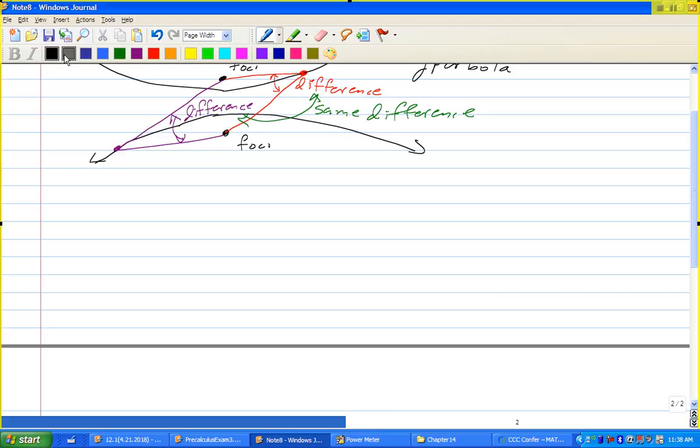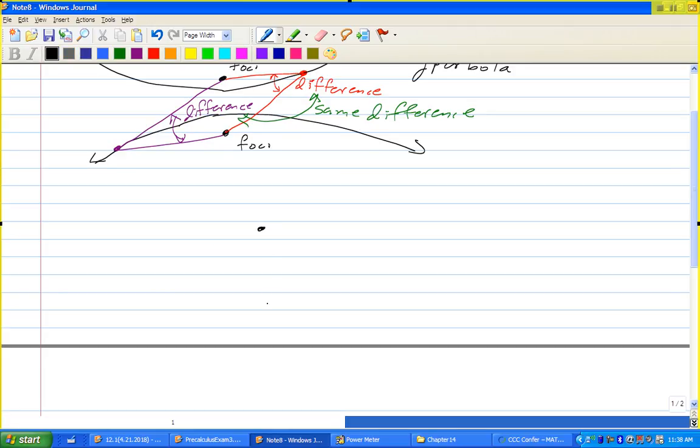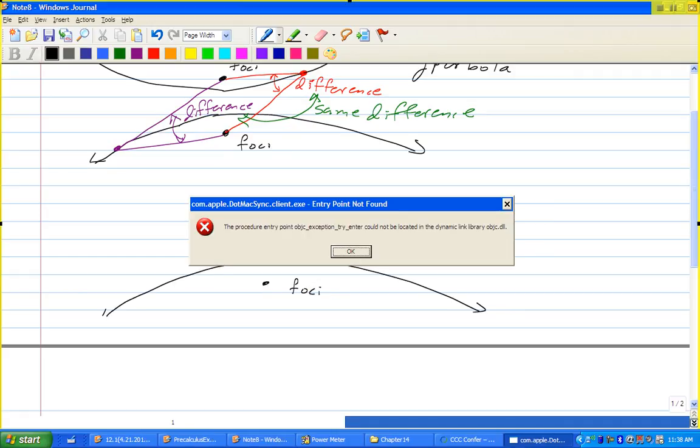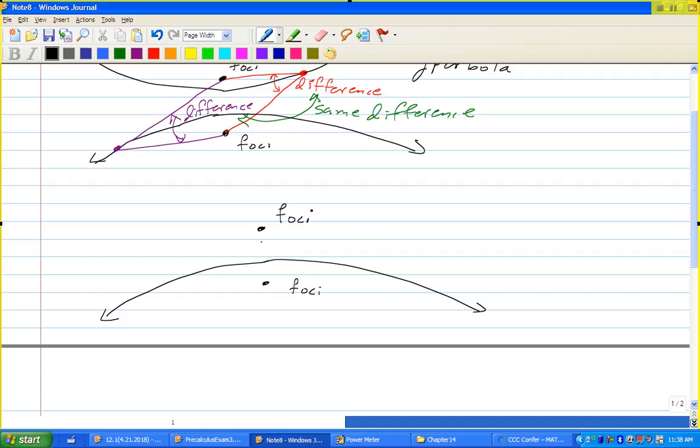So again you have two fixed points. So you have a focus here, another focus, and the hyperbola is the locus of all points whose difference of distances to these fixed points are always the same.